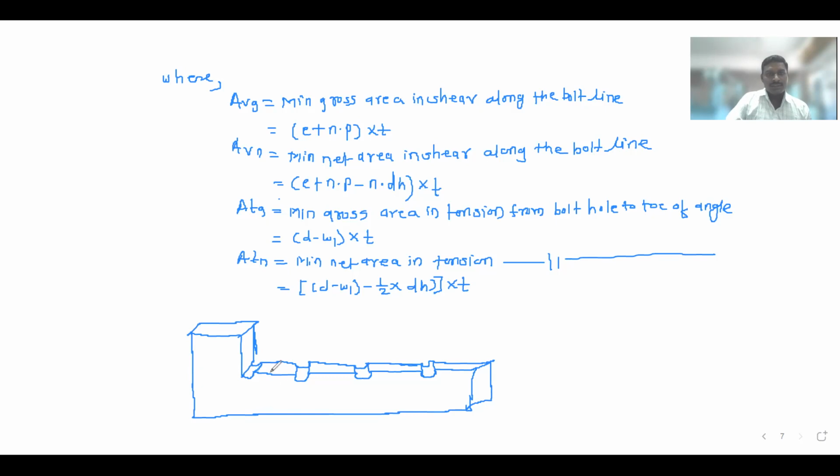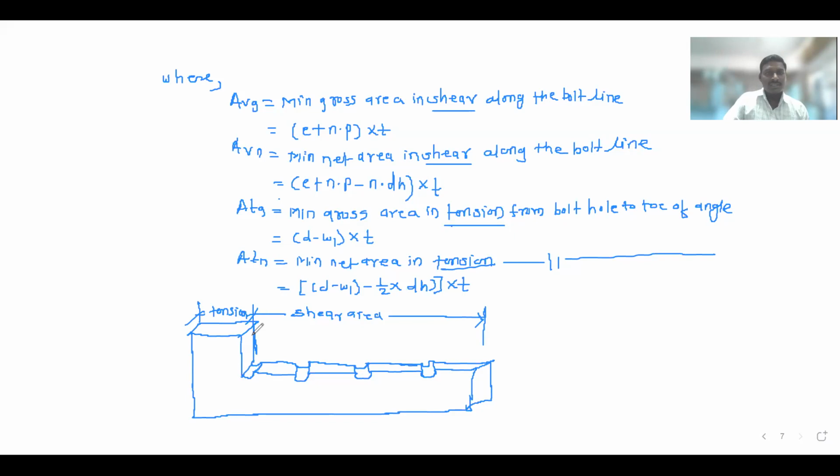See, this is your shear area. This is your shear area. And this is your tension area. So here we have seen the two areas for shear, these two areas for shear and these two areas for tension. AVG, gross area in shear, AVN, net area in shear, ATG, gross area in tension, ATN, net area in tension.